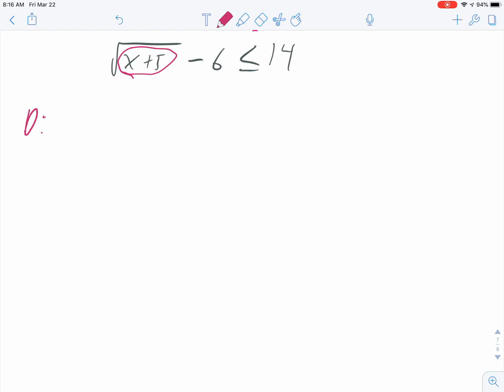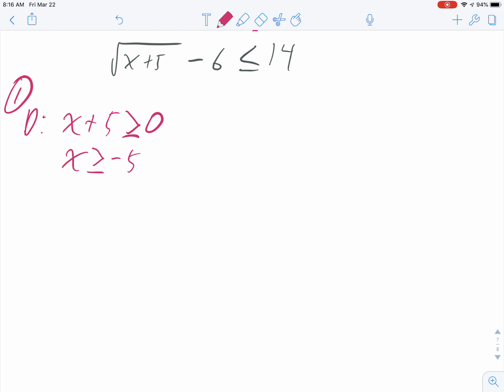So we want the thing that's under the radical, in this case the x plus 5, to be non-negative, which means it needs to be greater than or equal to 0. That's going to determine our domain. Pretty easy to solve: just subtract the 5, and so x must be greater than or equal to negative 5.